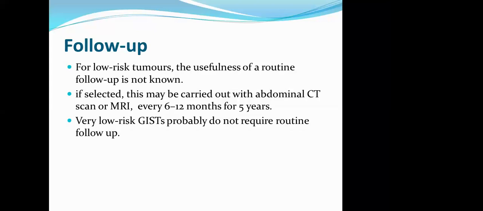Because imatinib is the standard treatment, analysis of the mutations is important, because some mutation types, like exon 9, are less sensitive to the regular 400 milligram dose of imatinib. If the mutation is exon 9, then we have to increase the dose to 800 milligrams.